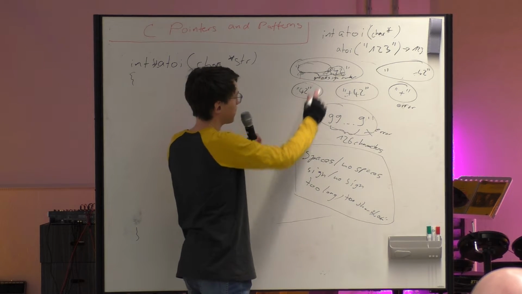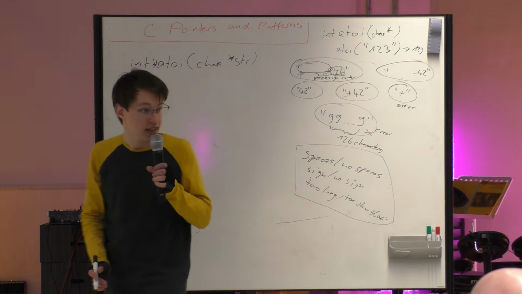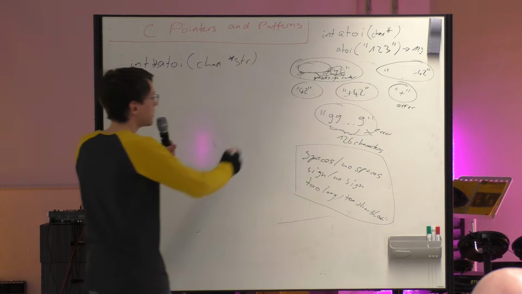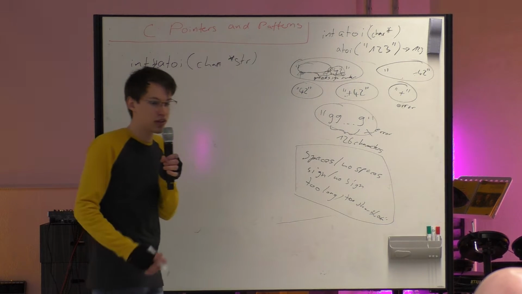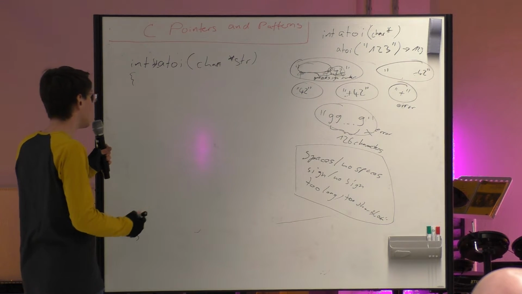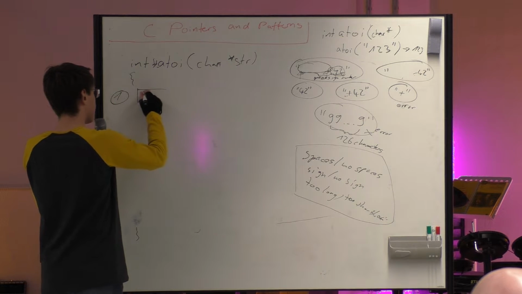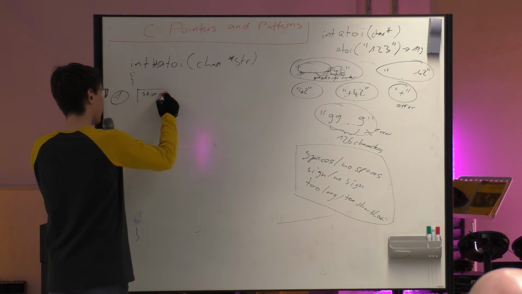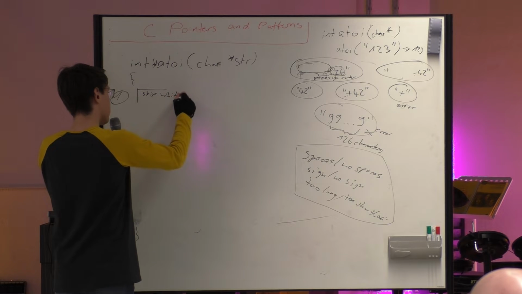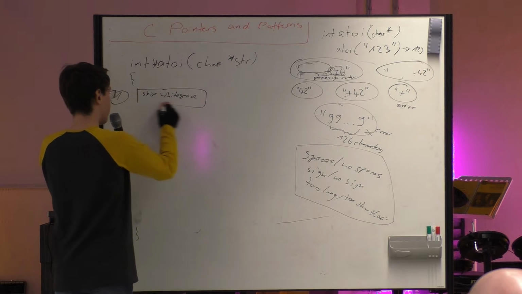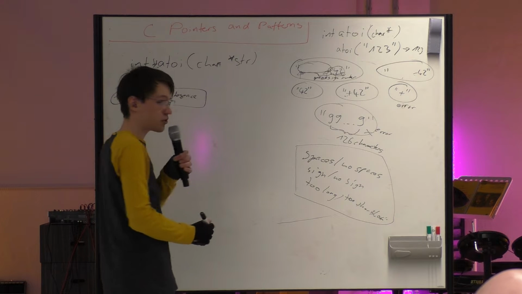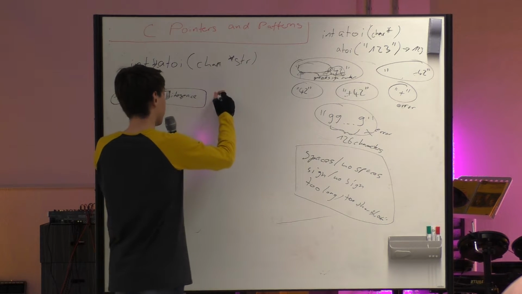There's a pattern for that that basically lets us skip a sequence of elements or a sequence of characters, depending on whether there's spaces or whatnot. So the first step is skip white space. And the pattern that we need for that is called a string iteration pattern. And it looks like this.